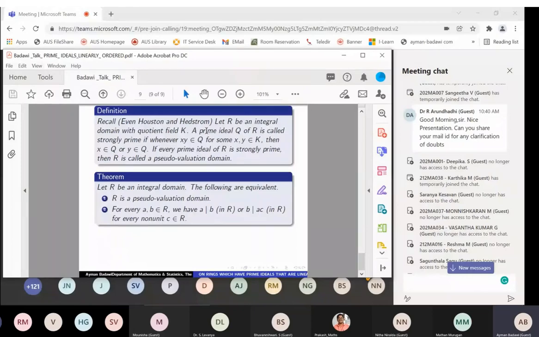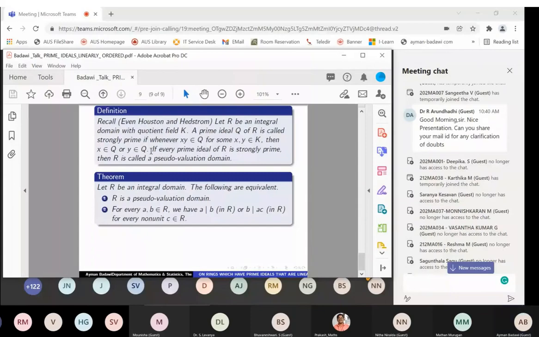K is the quotient field of R. Here from the beginning, R is an integral domain with quotient field K, and you take a prime ideal of R. Then we call it strongly prime if whenever xy is in Q for some x, y in K, then x has to be in Q or y in Q. If every prime ideal is strongly prime, then we call the ring a pseudo-valuation domain.